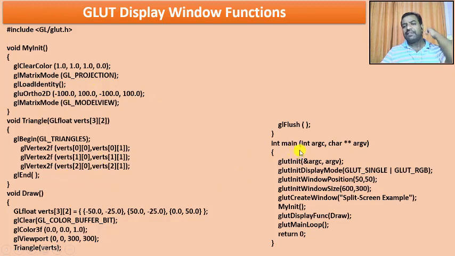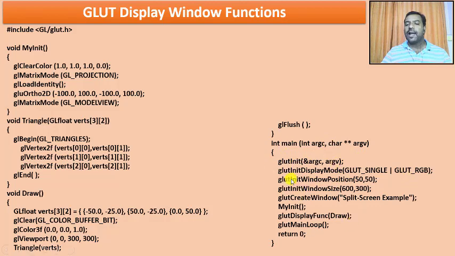Let us start with the main function. I have got command line arguments. Using glutInit, I pass the command line argument, the address of the parameter. And you know what this does: it initializes the windowing operation with the windowing system.